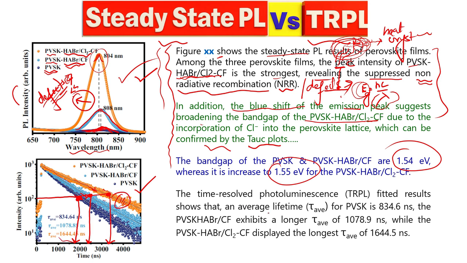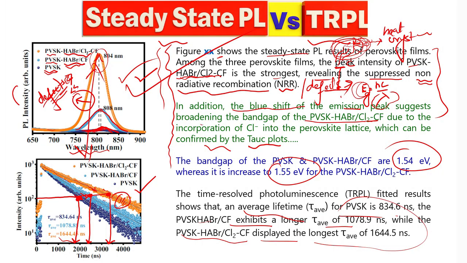The time resolved photoluminescence fitted result shows the average lifetime for this one is this, the second one exhibits this, while the treated one displays the longest average lifetime. This is how we describe the steady state photoluminescence and time resolved photoluminescence, and these graphs support each other.